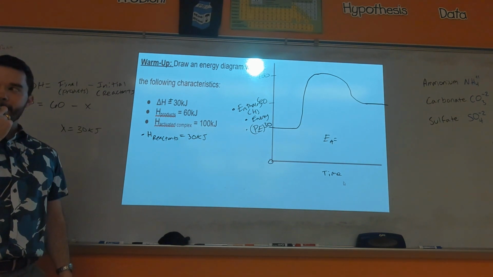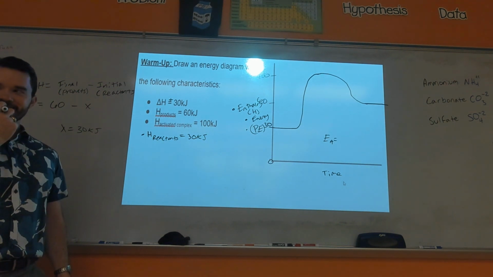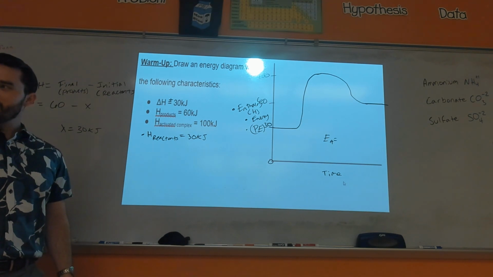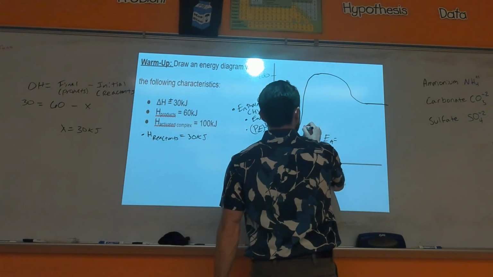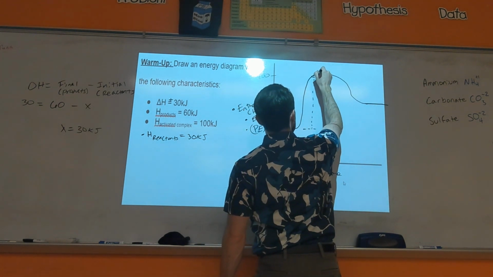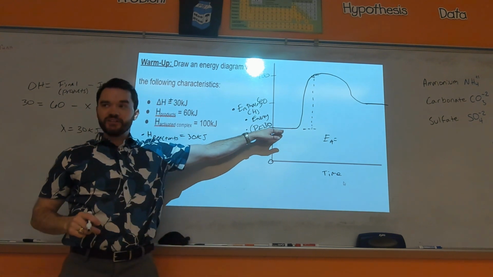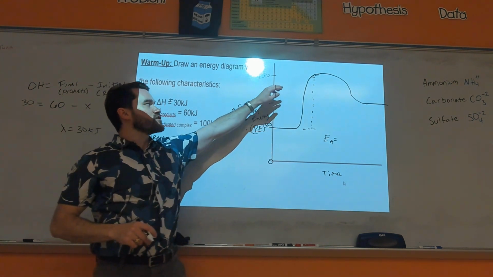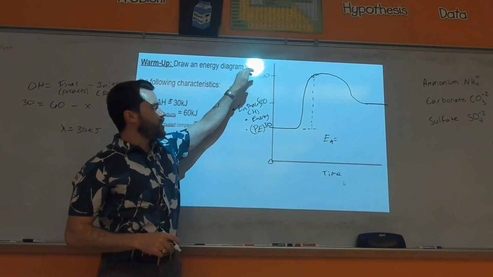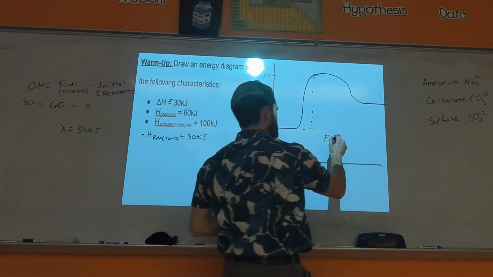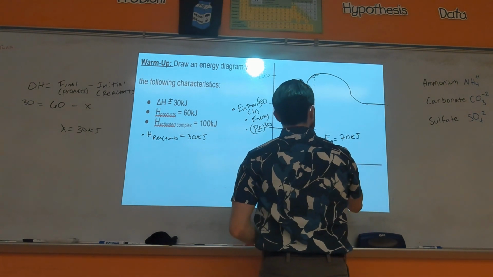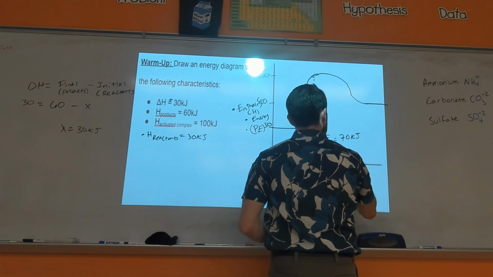Not 60. 70, yeah. Because you start at the very bottom, which is 30, where the reactants are at. The reactants go toward the activated complex at the top of the hill, and that difference between 100 and 30 would be 70 kilojoules.